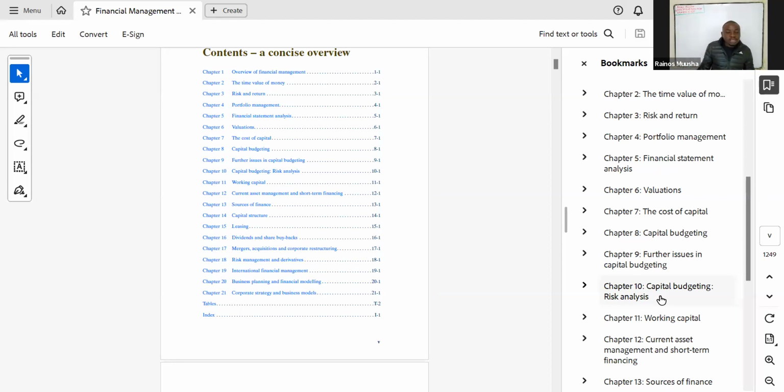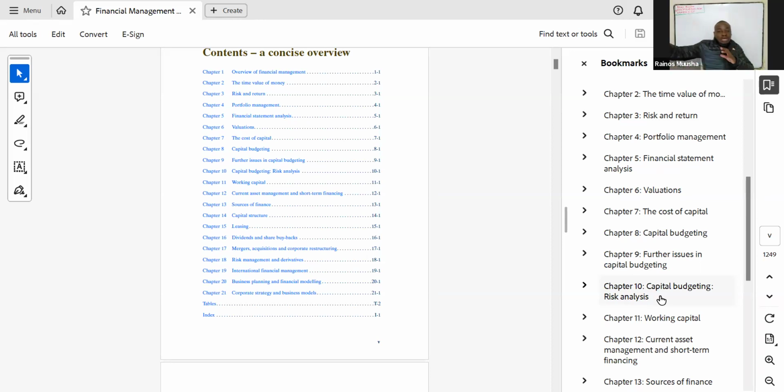So with chapter 10, you're looking more at scenario analysis. You're taking into account that there's a possibility that in the first year, this project is going to generate a certain cash flow, and there's a possibility it's going to generate a different cash flow given the changes or possible economic conditions, and in the second year it's going to generate another cash flow as well.